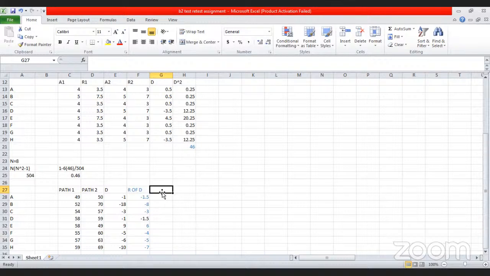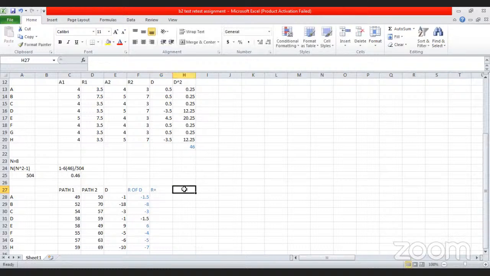So we have done the rank of the differences and we just put the sign before that. Sign indicates direction only. Now we have to do the sum of the positive ranks and the sum of the negative ranks. So I am writing R plus, that means summation of all the positive ranks.